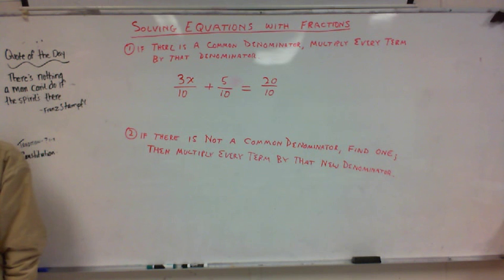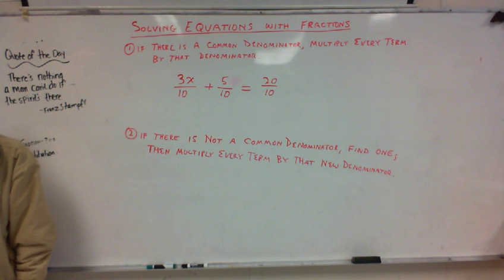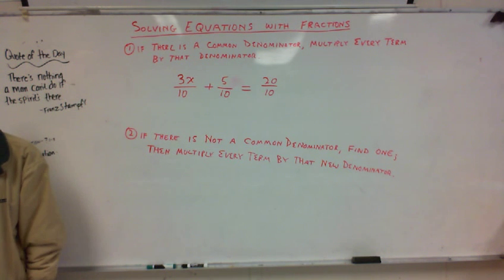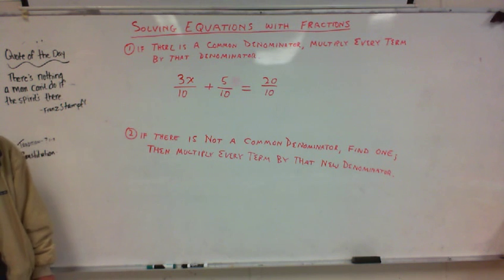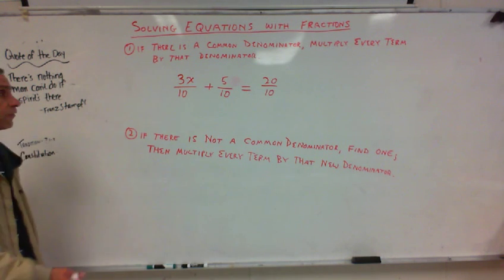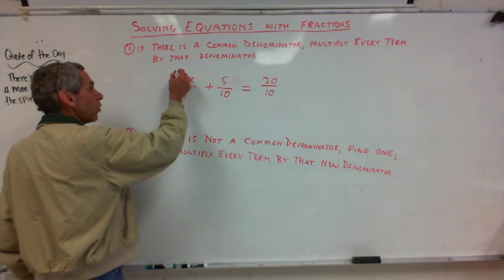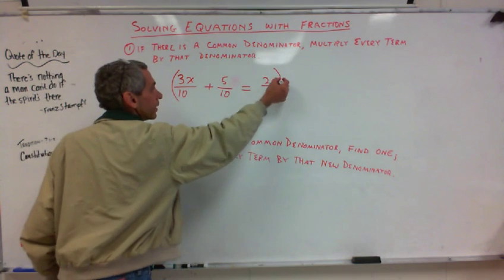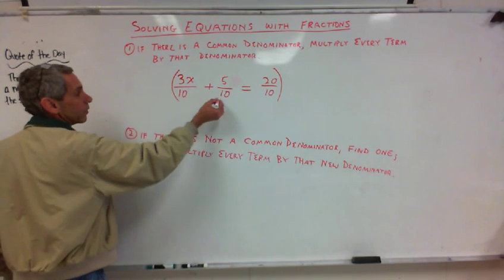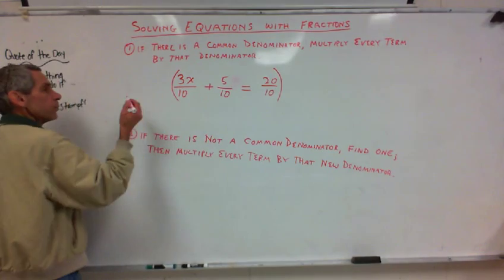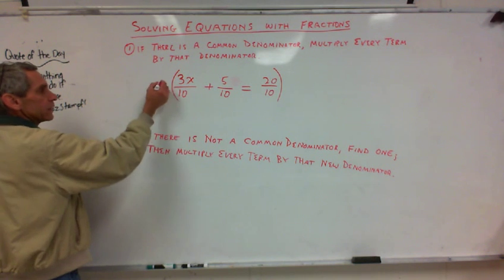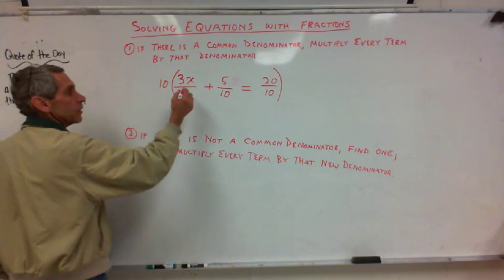If you don't know this trick, it might be a little confusing. But there's this great trick: ask yourself, do I have a common denominator on all my fractions? Yes, I do. So, if I multiply the whole thing by 10, the common denominator, basically, this is what happens.